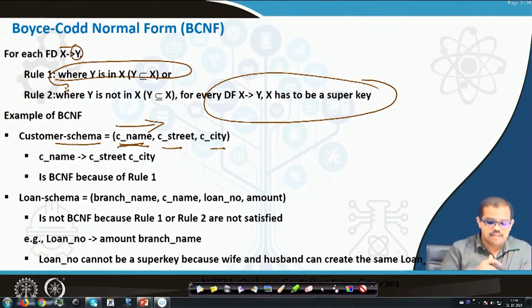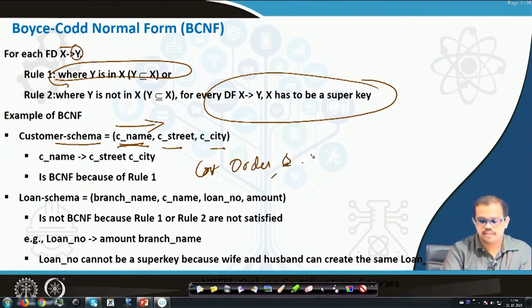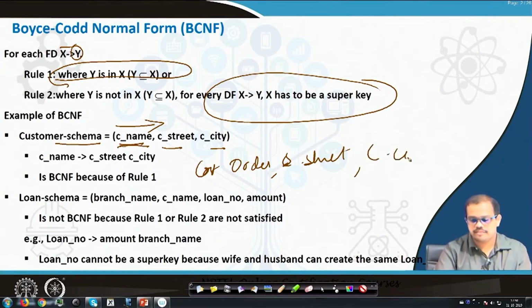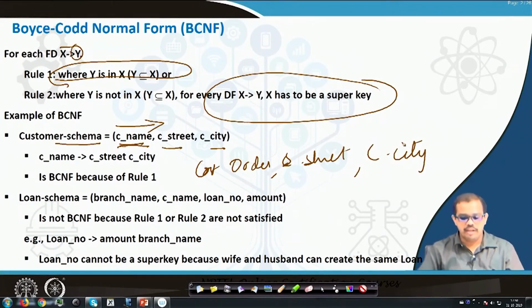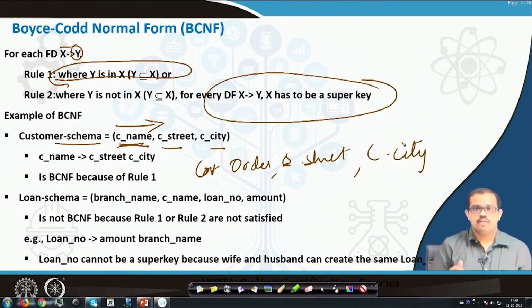But if you have something like this, for example, order ID dependent on customer street and customer city, what does it mean? Now, the order of a particular item is dependent on the street and city where it is being delivered.